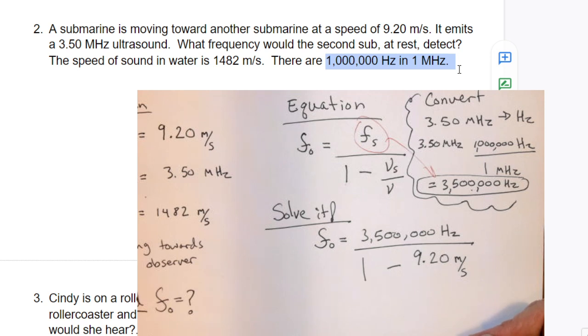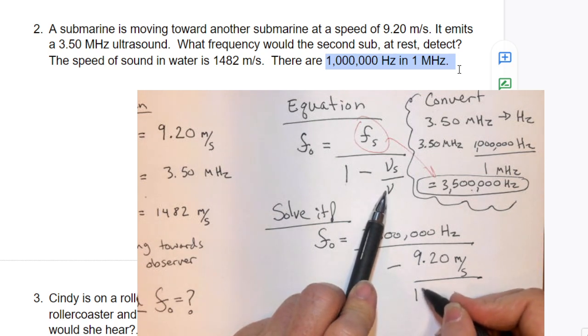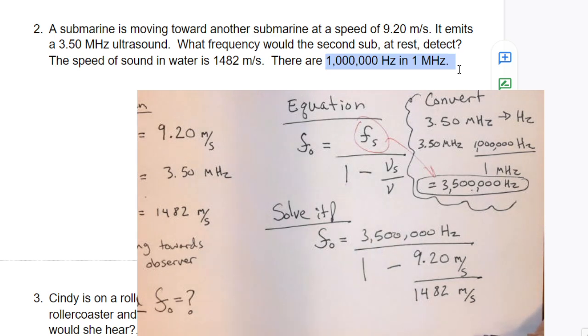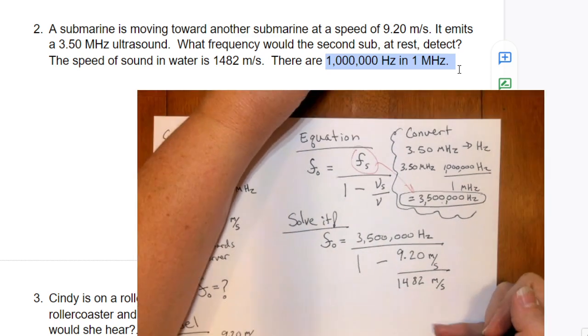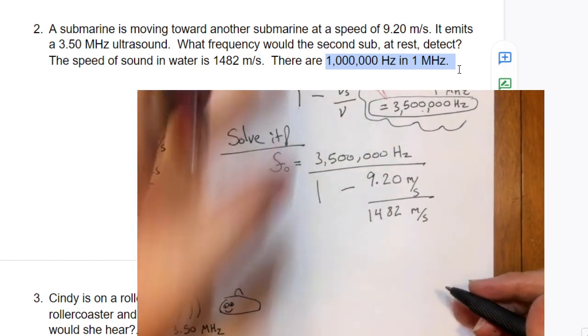Do you think there'll even be a difference? I don't know. Divided by the speed of sound, 1,482 meters per second. Let's solve this math using order of operations.